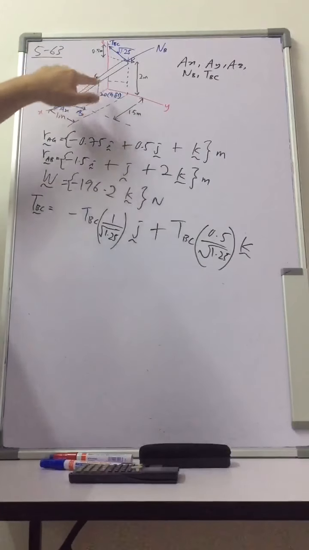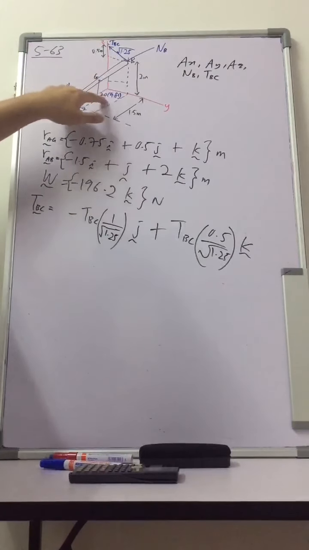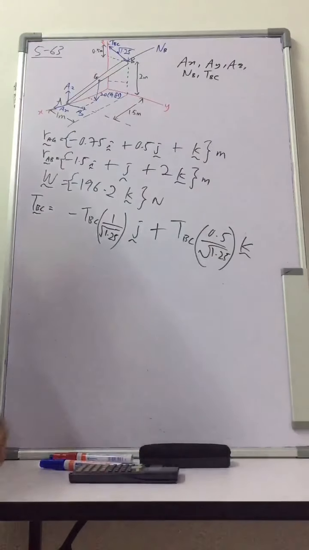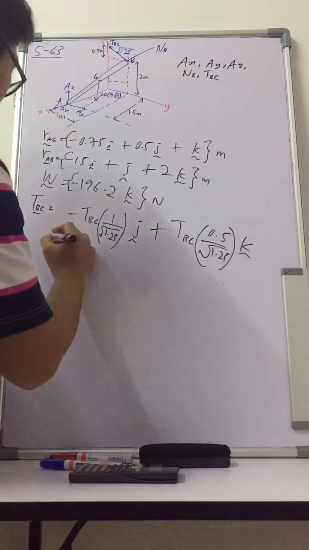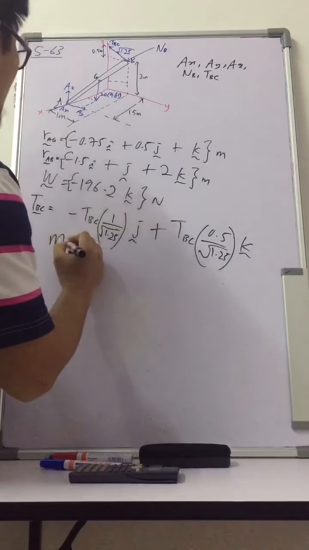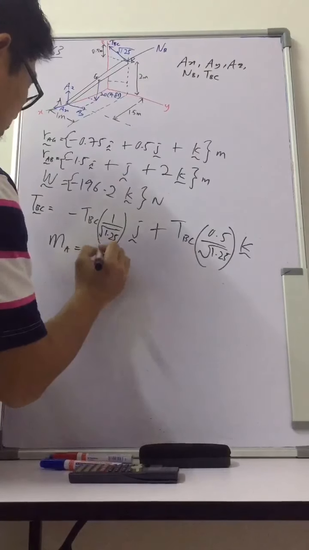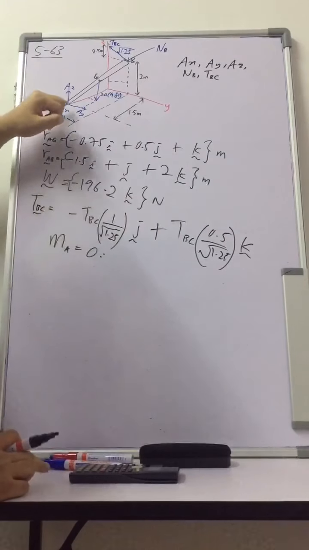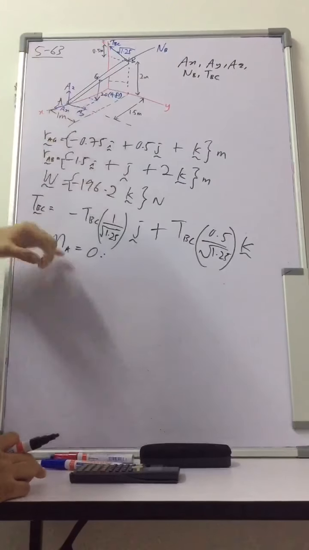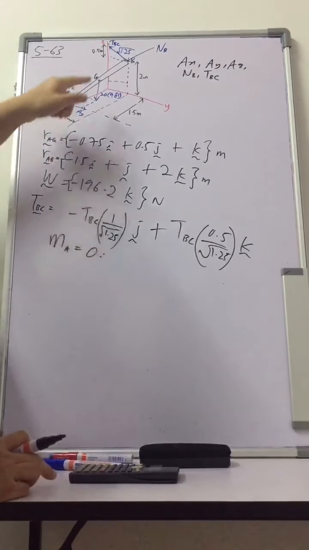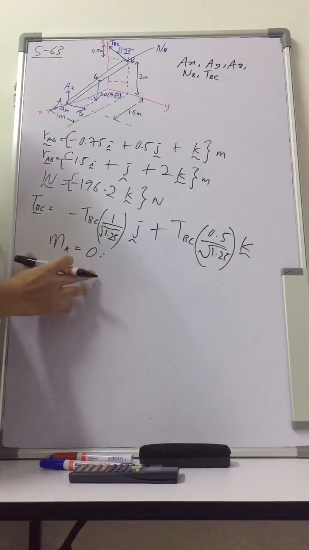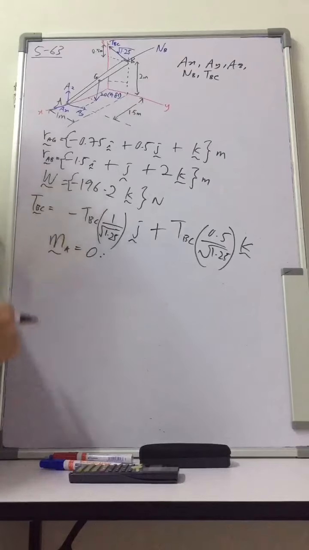So you will have only the moments due to the weight, NB, and TBC. Let's do moment about point A equals 0, since it's in equilibrium. We don't have AX, AY, and AZ in this MA. We do have the moment due to the weight. Remember, this is the vector form.